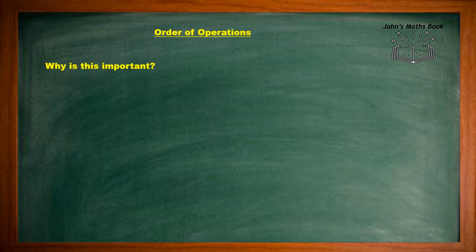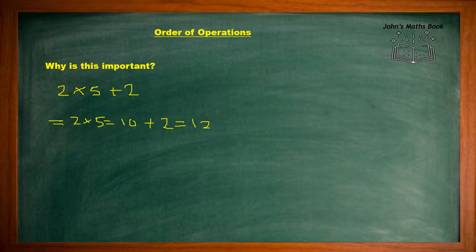So let's look at why the order of operations is important. So we have an example of 2 times 5 plus 2. We can solve this in two ways. We can go from left to right or right to left. So let's first go from left to right. So we have 2 times 5, which is equal to 10, plus 2, which is equal to 12.